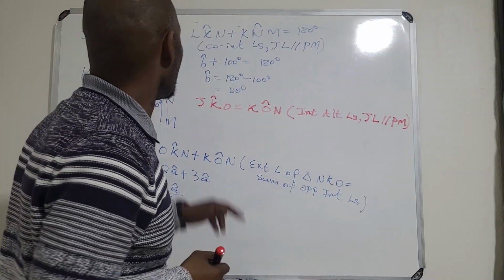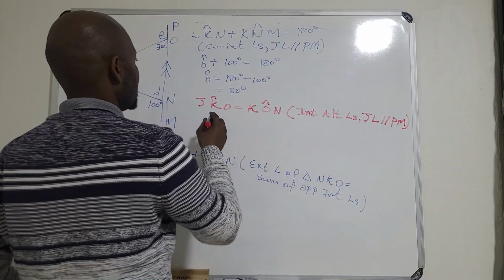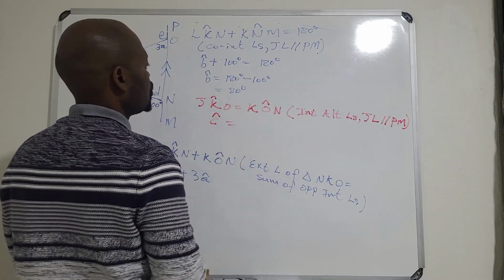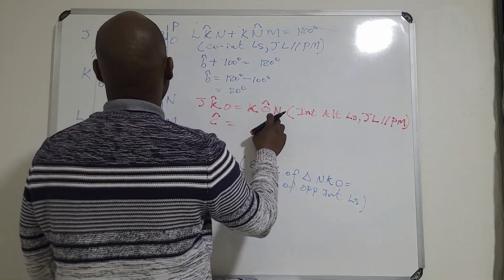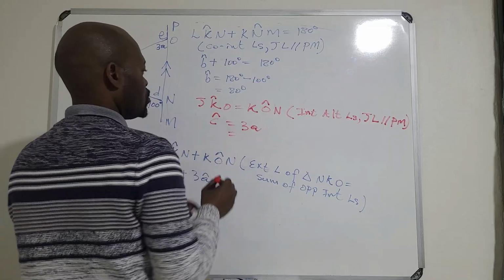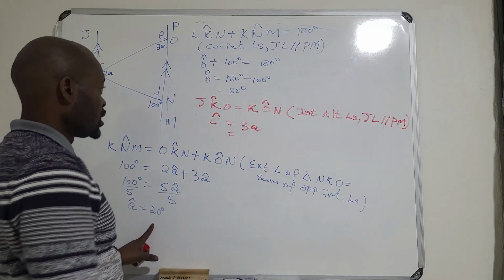Now, angle JKO is angle C, which is equals to angle KON, which is 3A. We know our A from here is 20.